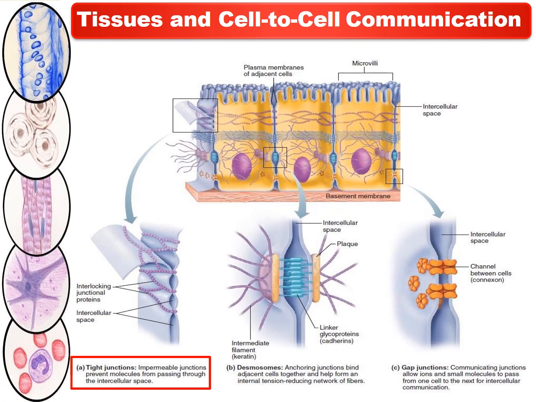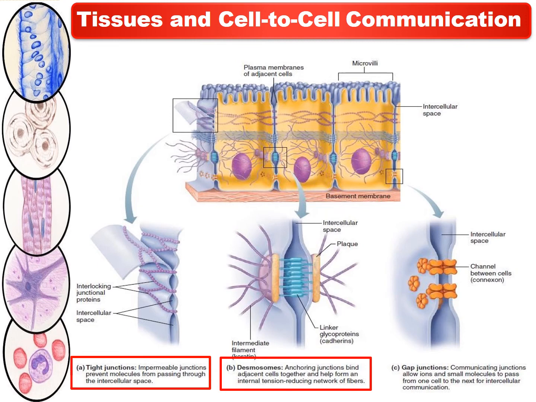The second one is the desmosomes. See here, the intercellular space is there, plaque is there, and the intermediate filament is there, and at the center the linker, that is the glycoprotein, is there.